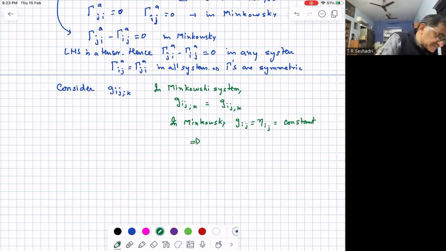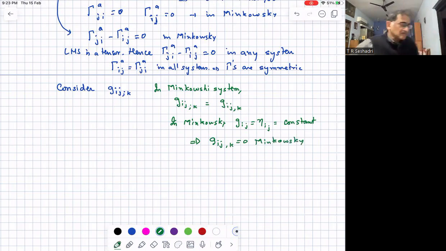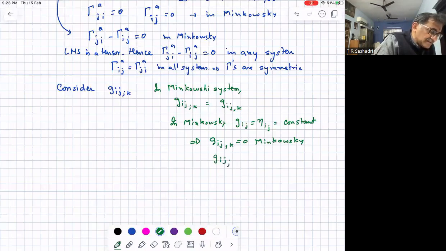Which means that Gij comma k equals 0 in Minkowski. All right? But since Gij comma k is the same as Gij semicolon k in Minkowski, this is equal to 0 in Minkowski.